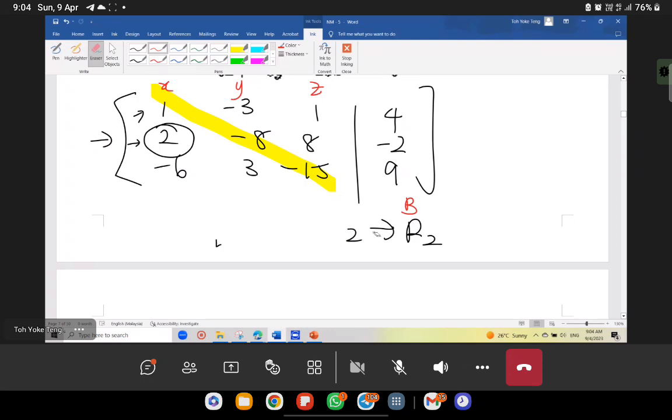Sorry, this one is correct. I just want to write it a bit to the left here. So negative 6, 2 over 1.